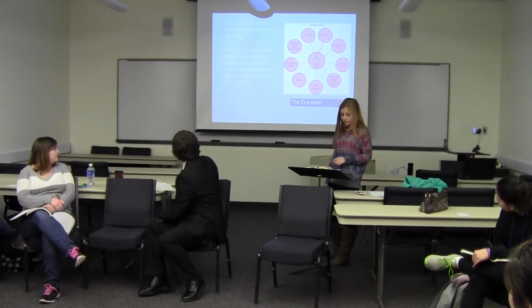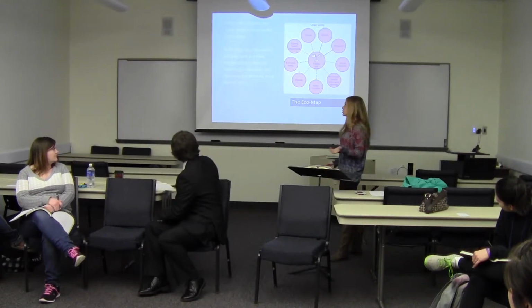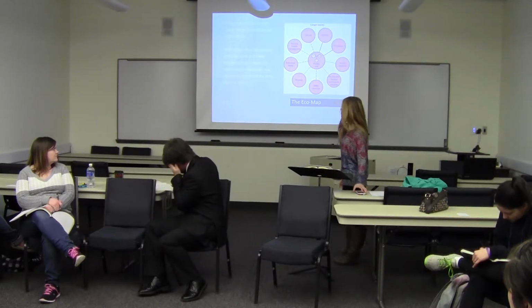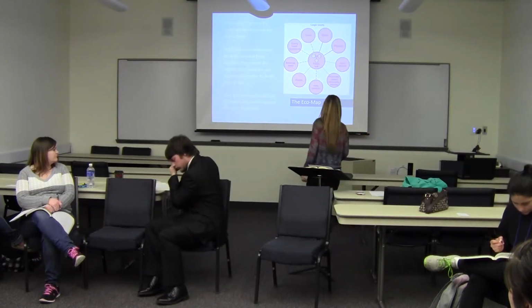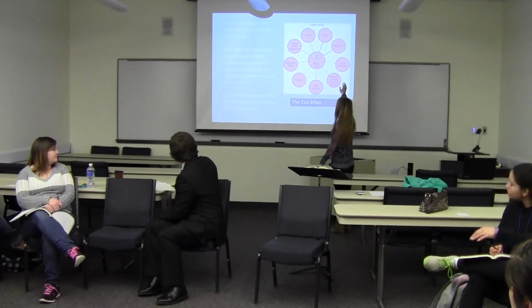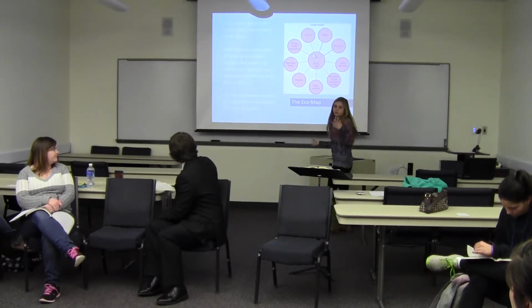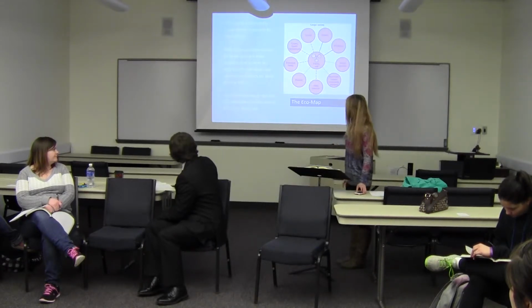And so first, a circle is drawn in the center, and that represents the client's family. Then other circles are drawn around the family circle, and these represent other systems like other families, individuals, organizations. And then lines are drawn to describe the relationships. So the thicker the lines means obviously you're closer, or the dotted lines, you may not be so close. That's what the lines represent.